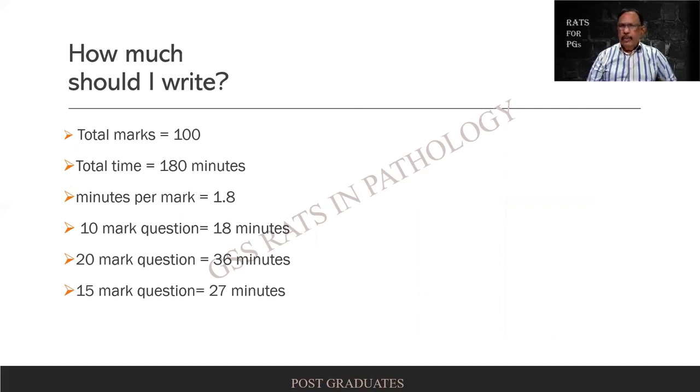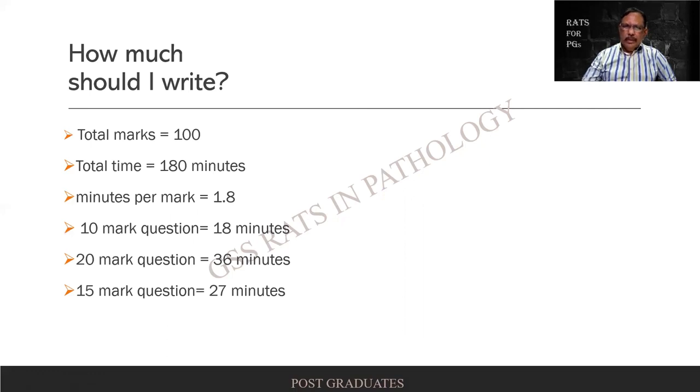Again, a question for you people. How much should I write? How do you people calculate this? I've done a little bit of calculation for you people. The total marks per paper is 100. And you are given a time of 3 hours. That is 180 minutes.